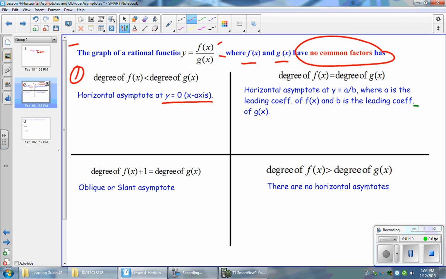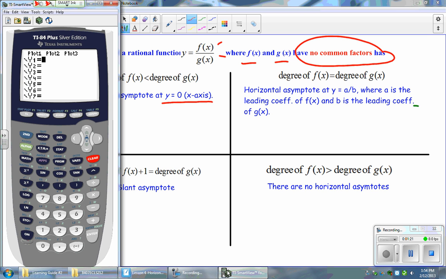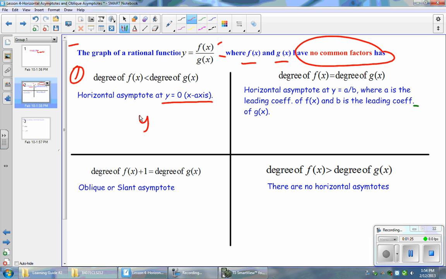To look at this behavior, go into your graphing calculator and plug in a rational function with this characteristic. An example would be x over x squared. Notice that the degree of the numerator, which is 1, is less than the degree of the denominator, which is 2.